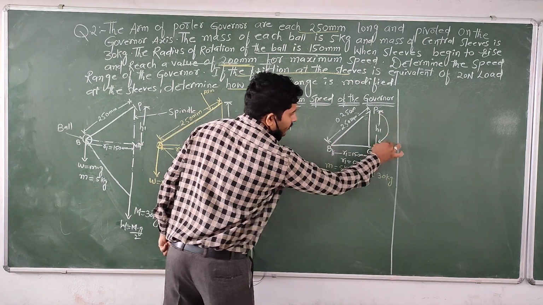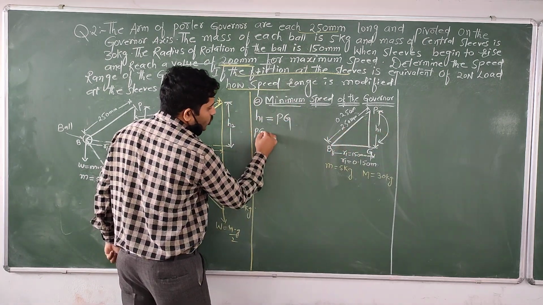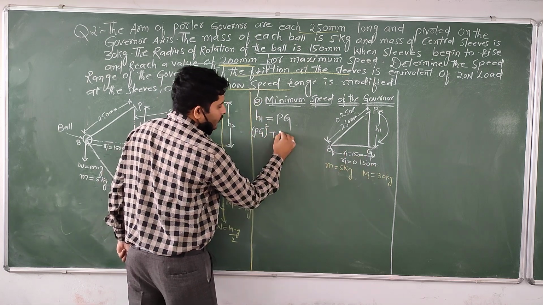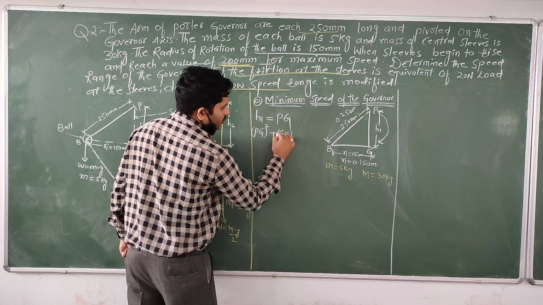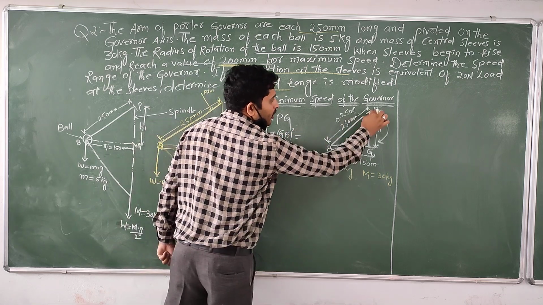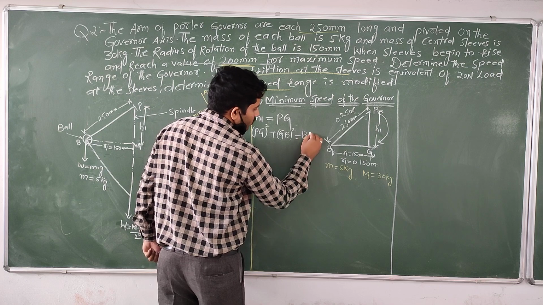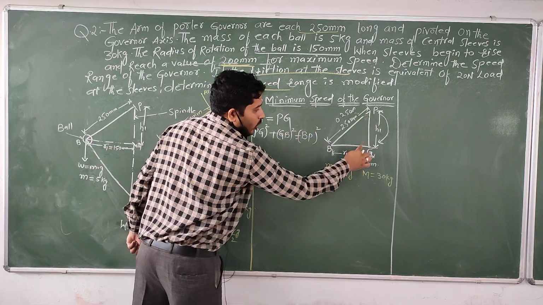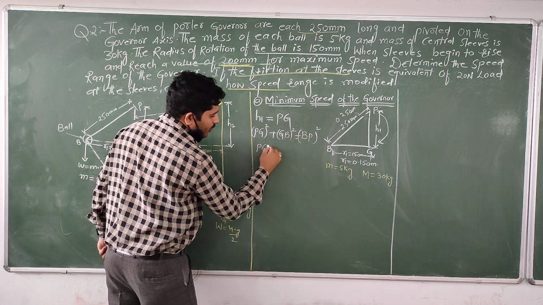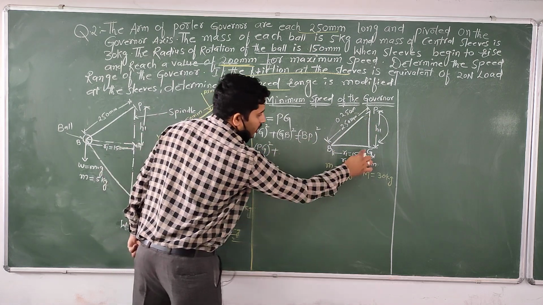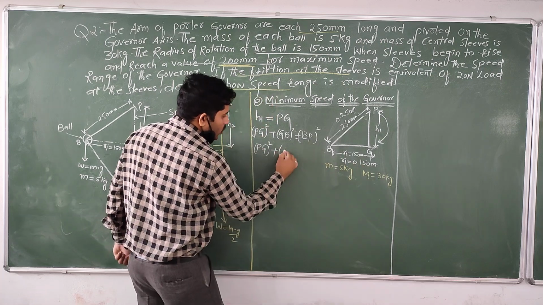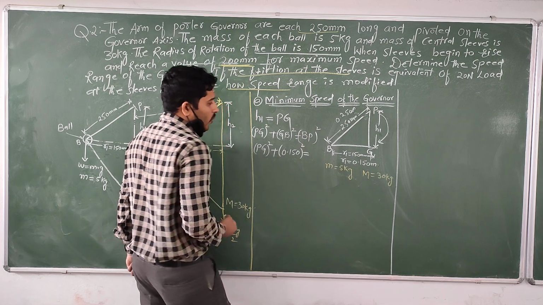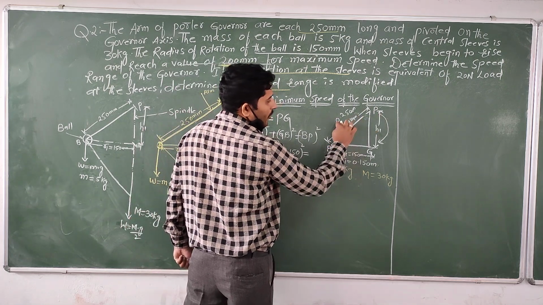PG square plus GB square equals BP square. Okay dear. So PG is unknown, keep it as it is. PG square plus GB value, how much is there? 0.150 whole square equals BP value, how much is it?